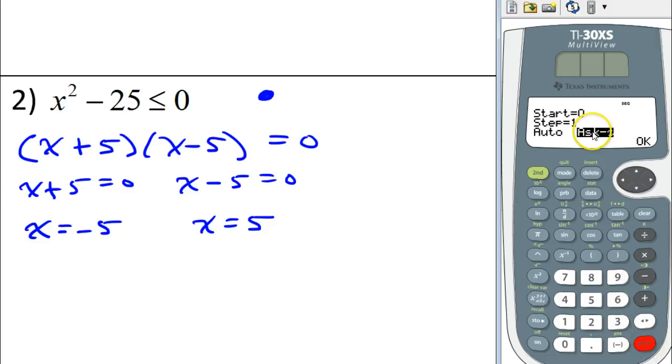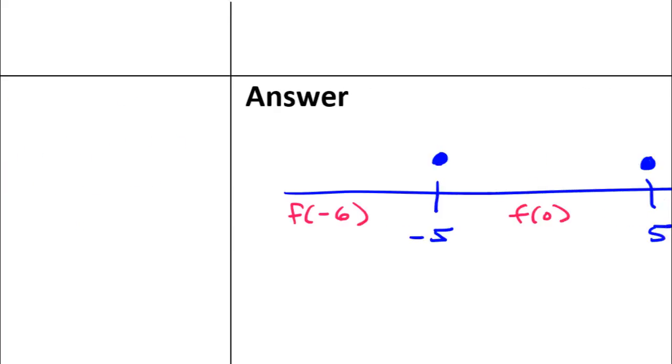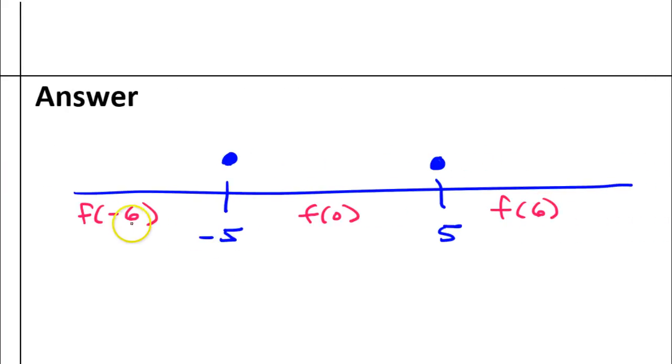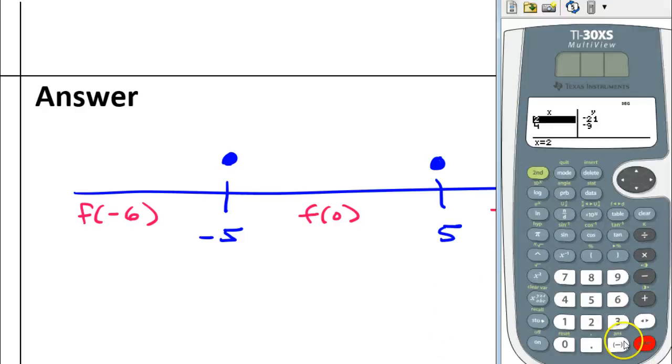Again, I'm going to leave my calculator in ask mode as I do this. So the values that we want to check are -6, 0, and +6. So we get values 11, -25, and 11.